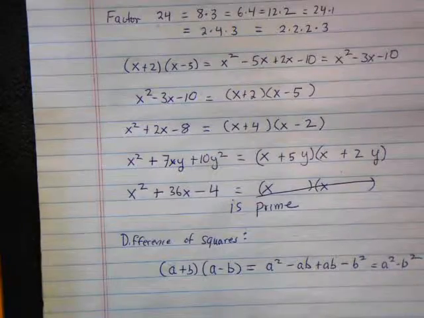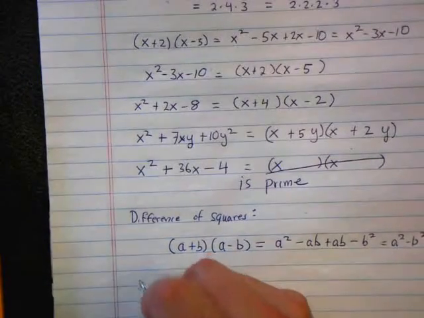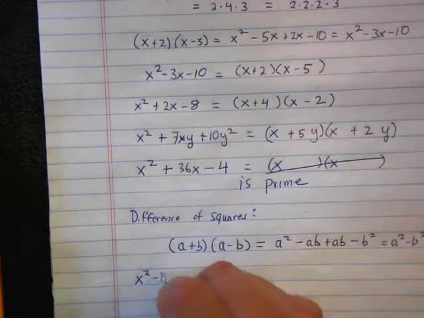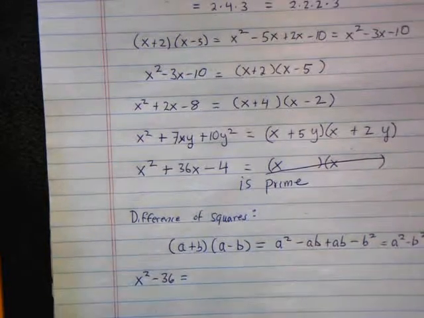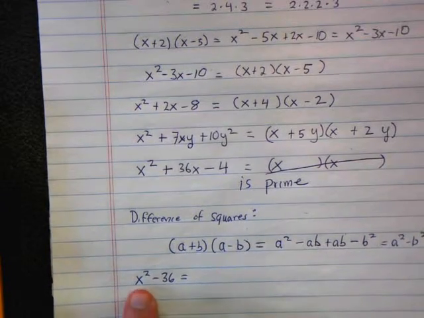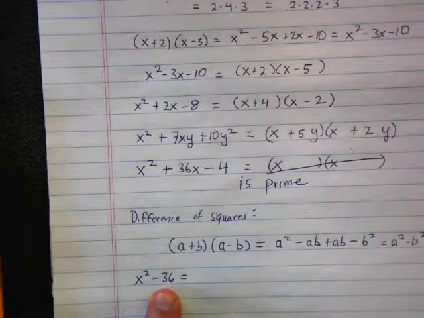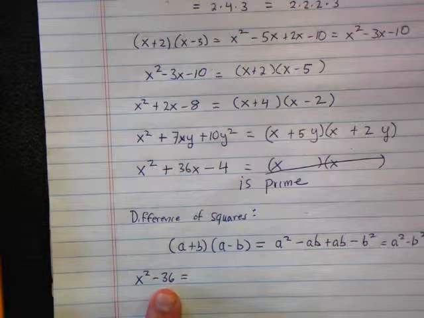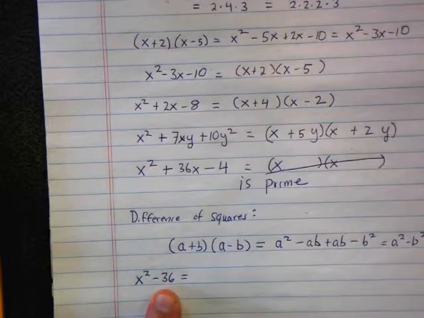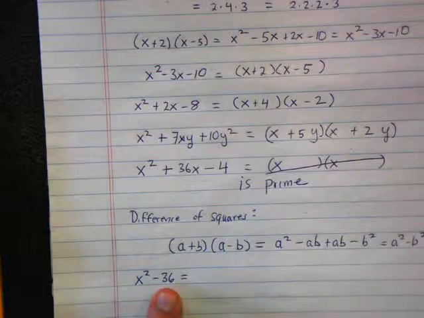So what you're going to look for here is something like this. If I give you x squared minus 36, you're going to notice that x is squared, and 36 is a special number. What's 36? 6 squared. So how does x squared minus 6 squared factor?